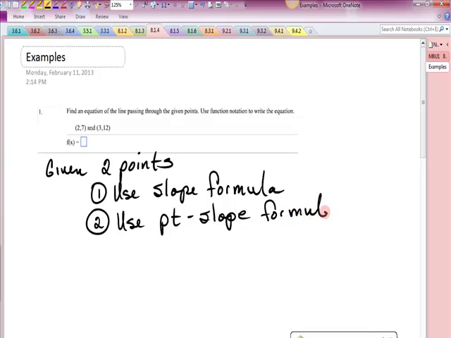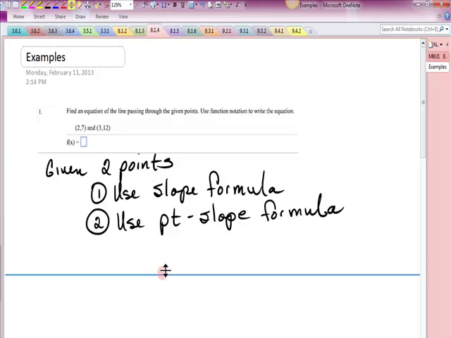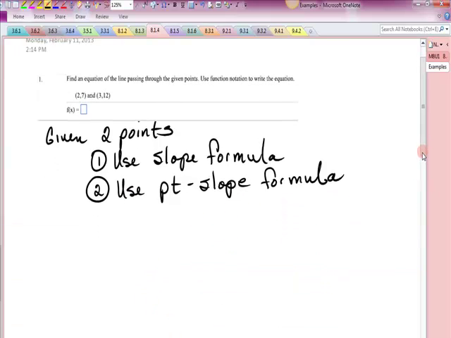And when you use the point slope formula, you get to choose which of the 2 points you want to include in it. And it doesn't matter which one you use, you get the same equation. All right, so let's take a look.